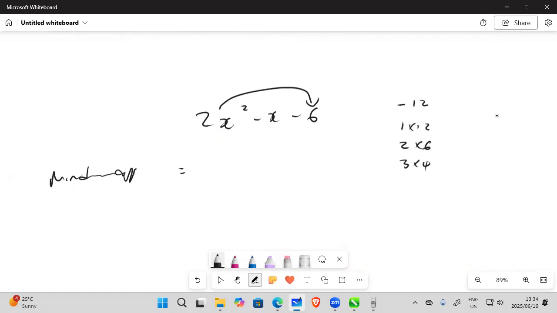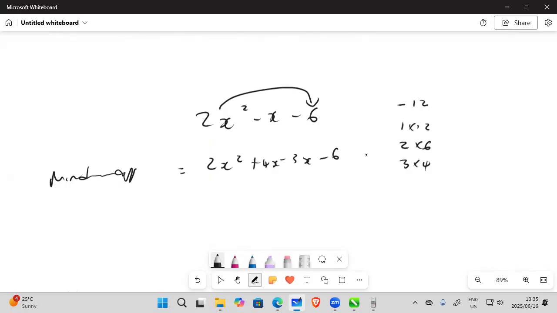Then I ask myself, the product of what 2 terms will give me this term, which we've already figured out. But the sum of which of these pairs will give you the middle term. And so if you do that, you'll see that it'll give you 2x squared plus 4x minus 3x, gives you the middle term, but when you multiply this together, it gives you minus 12. Don't forget the sign, minus 6.